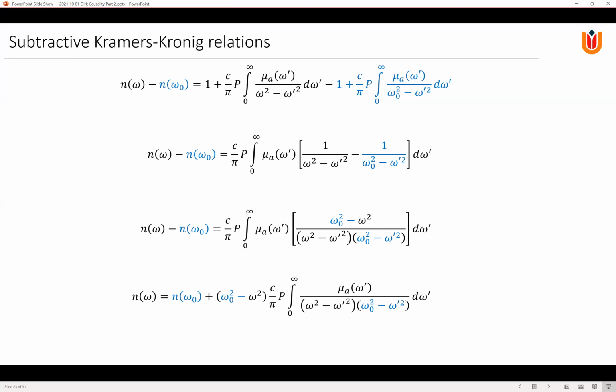If you then recombine, the resulting equation would look like this. You would have n of omega being n of omega 0 plus some term that is dependent on omega 0 and still an integral term. Still a dispersion relation, still an integral relation that depends on both.